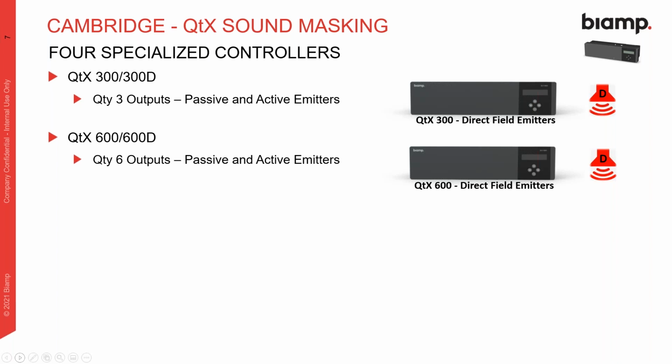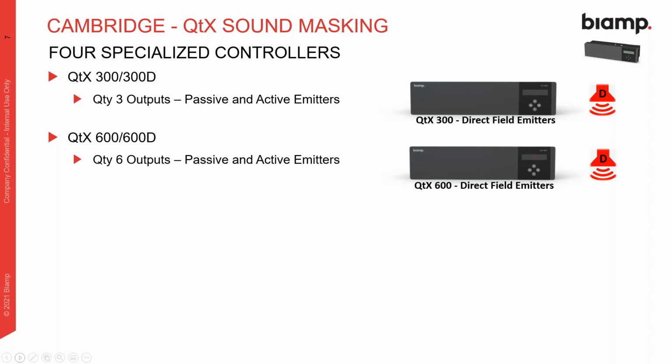The D version will be a version that allows Dante to be able to move audio around from each processor with the Dante protocol, and the QTX 300 and 600 without the D will be an AVB version. Now these 2 units are very similar to the QT Pro product that were previous. These are for passive and active emitters for the down firing type solution with the emitters.